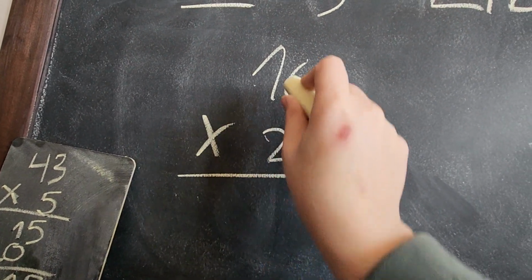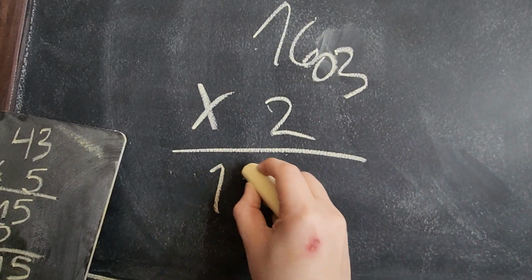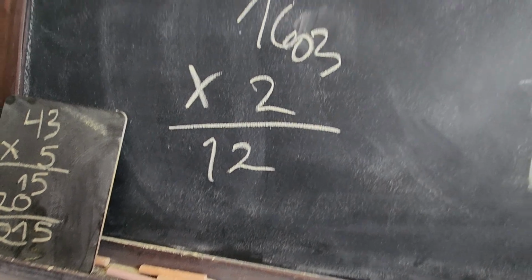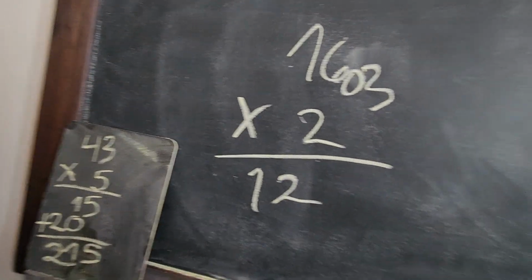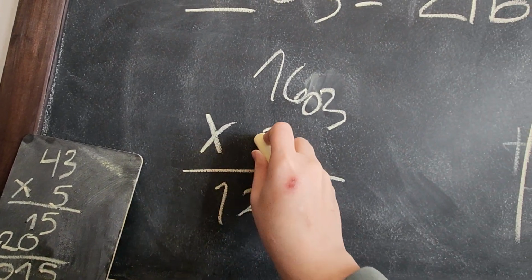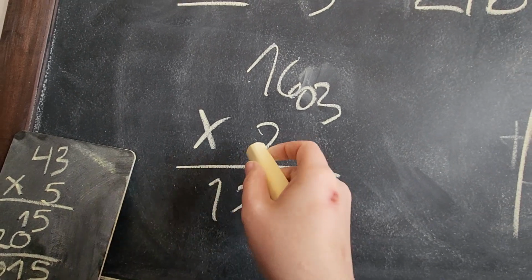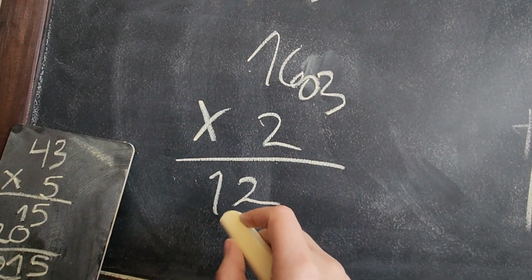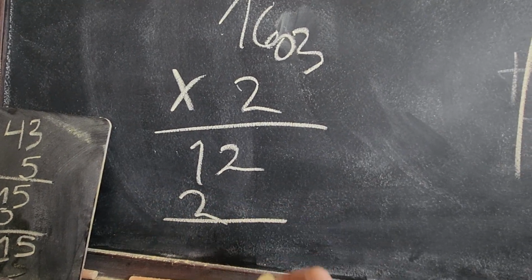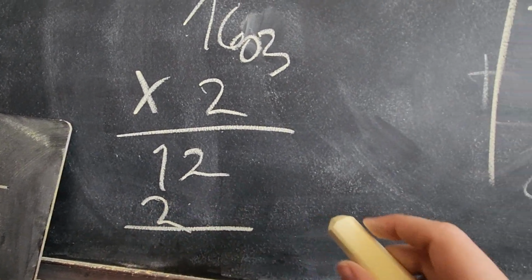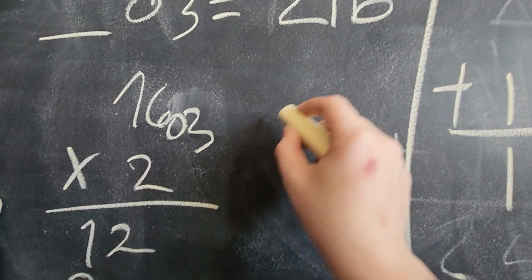Well, 6 and 2 is 12. And I'm going to run out of space on my blackboard. And then 2 times 1 is 2. I'm going to run out of space, so I'm going to put this up here.